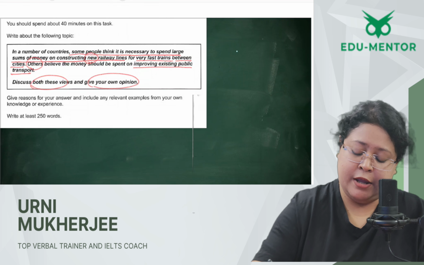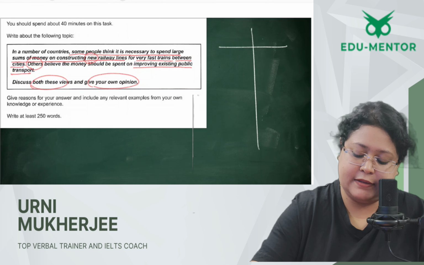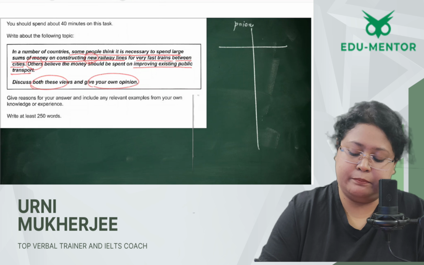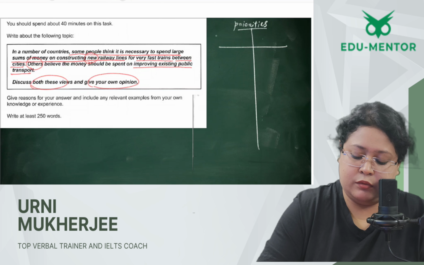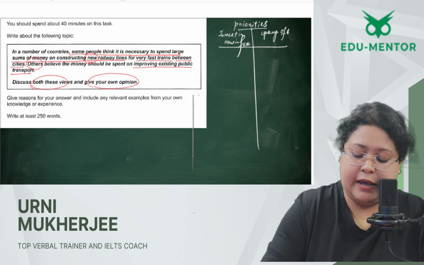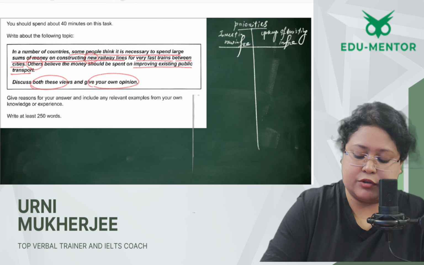So technically, they're saying, do invest, but there are two priorities. There are differences in priorities. One priority is that they should be investing in new structures or systems or infrastructure, let's say. And the other one's about existing infrastructure.